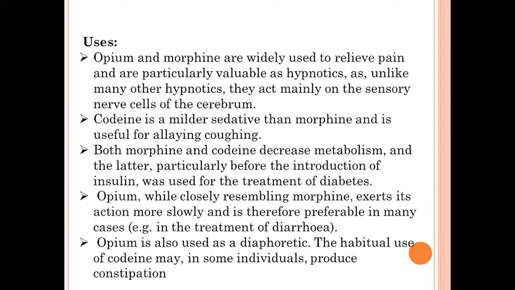Next, uses. Opium and morphine are widely used to relieve pain. Before going to how opium or morphine relieves pain, we will see how pain is produced. Pain is normally associated with increased activity in primary sensory neurons, induced by strong mechanical, thermal or chemical stimuli due to tissue damage or inflammation.